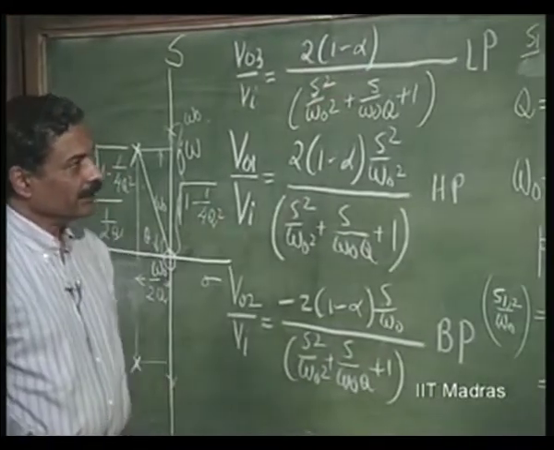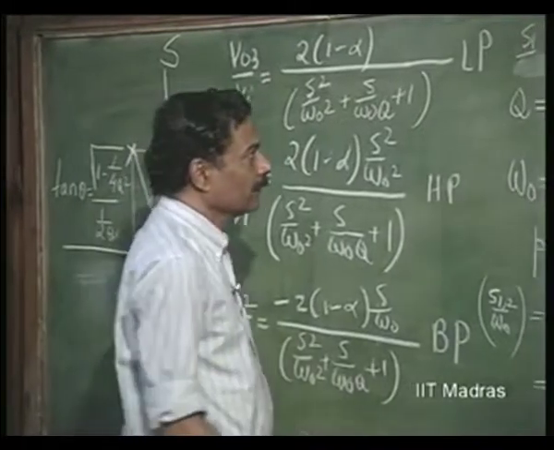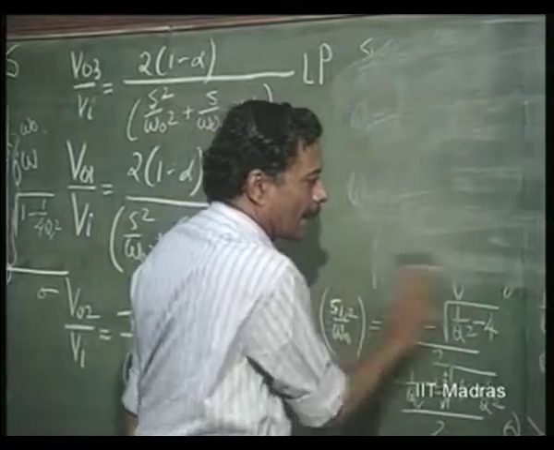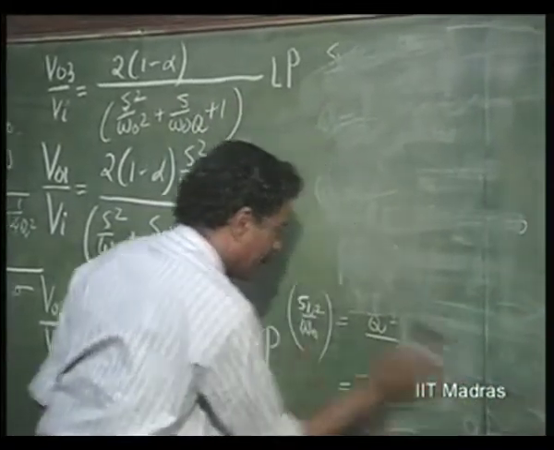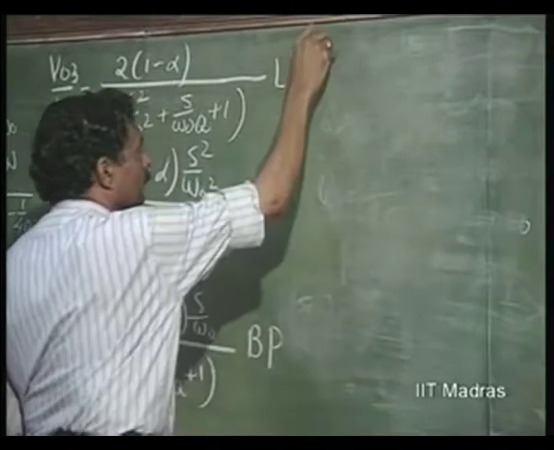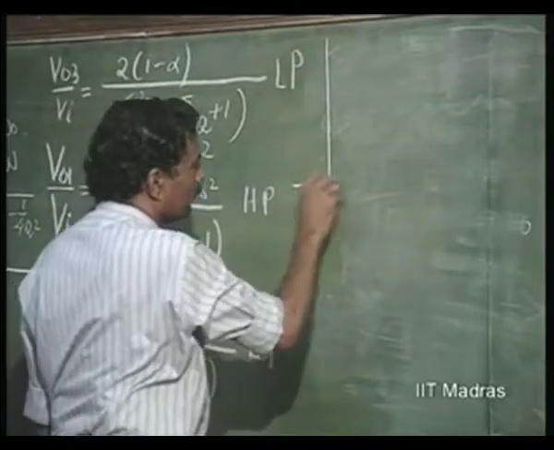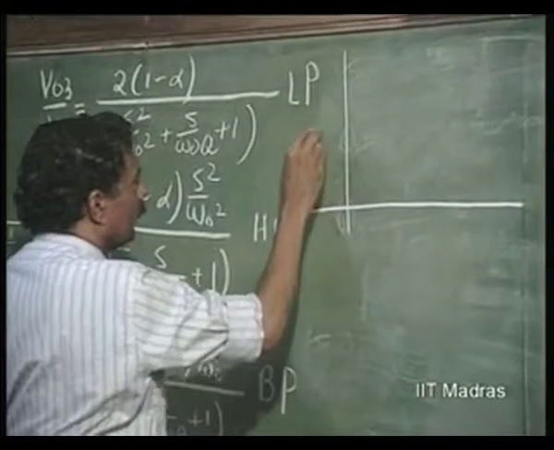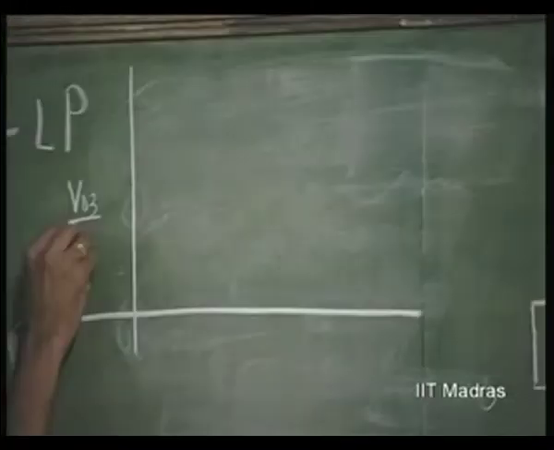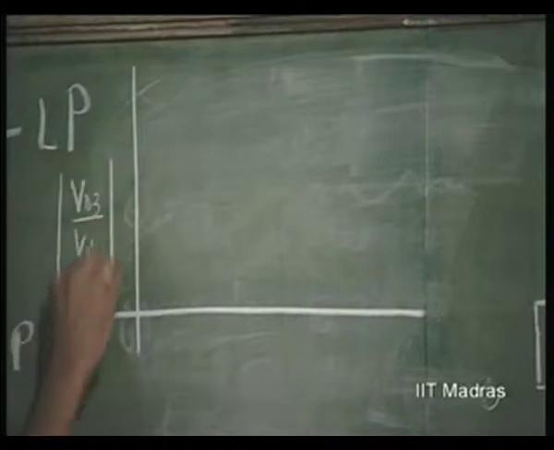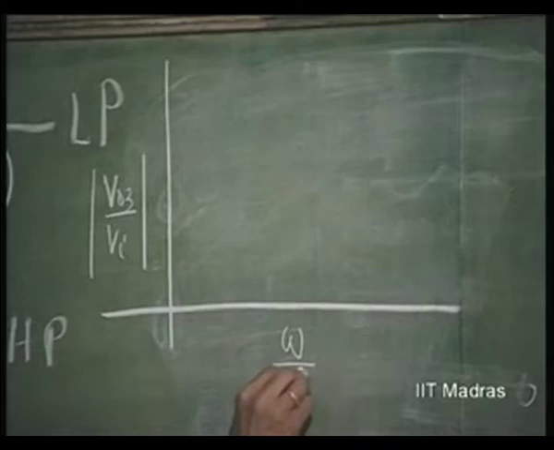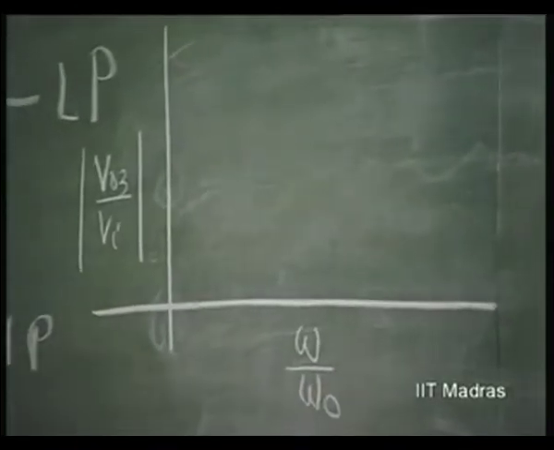What does it mean? If I plot this characteristic as a magnitude function V naught 3 by V I, I would request you to plot this as a function of omega by omega naught, let us say normalized frequency.